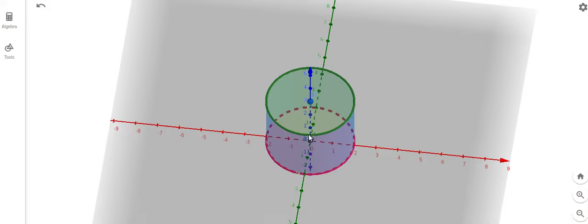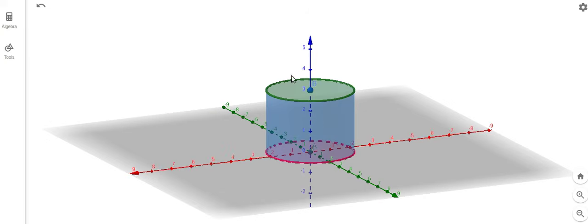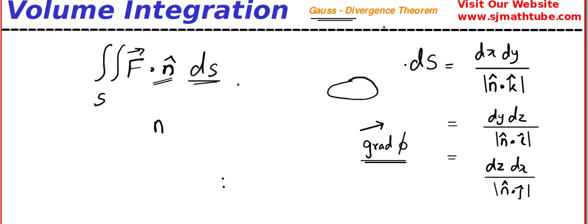Okay, so let's look at surface number 1, the green surface. It's a plane surface, and that plane surface is parallel to our xy plane, and I think you can see the outward drawn normal, the blue axis, that is k. So you have a huge advantage here. n cap is equal to k.